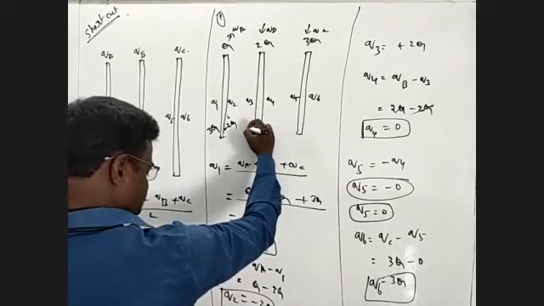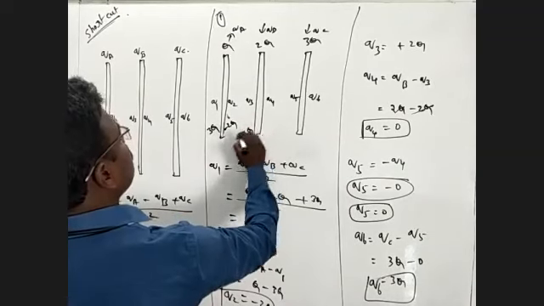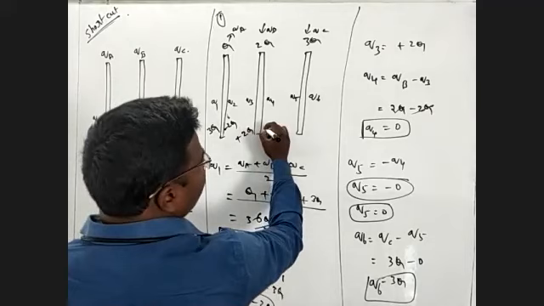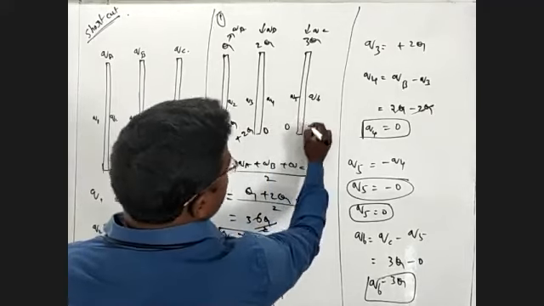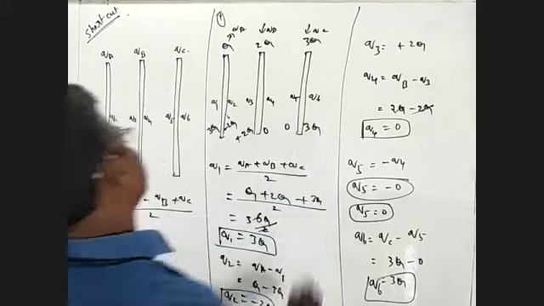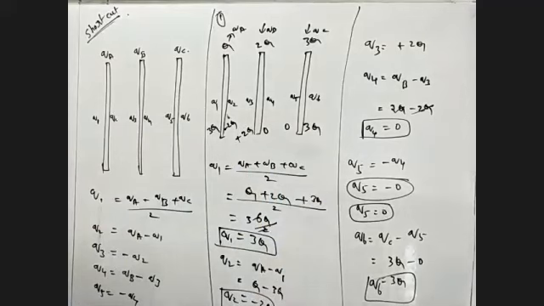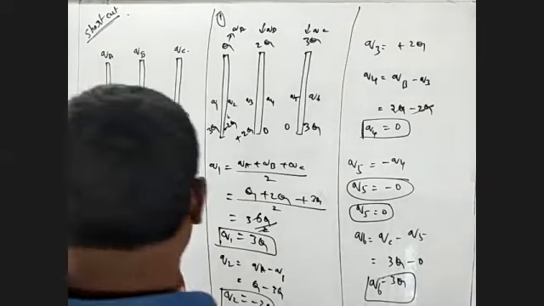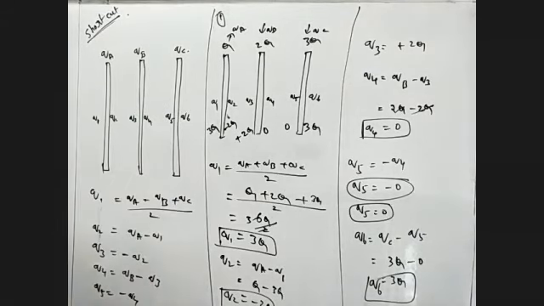Q3 is plus 2Q. Q4 is 0. Q5 is 0. Q6 is 3Q. Those are your values. Next, I'm going to explain the next topic.